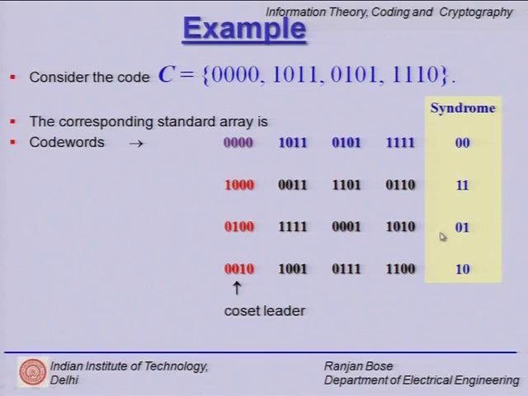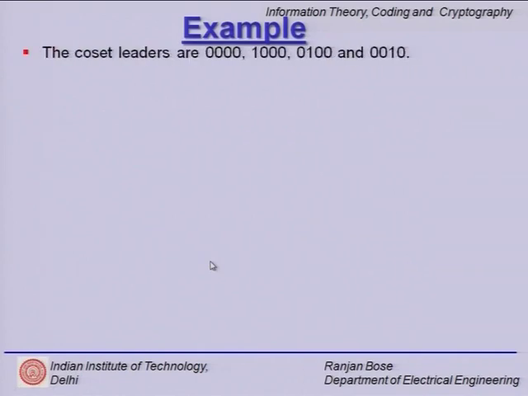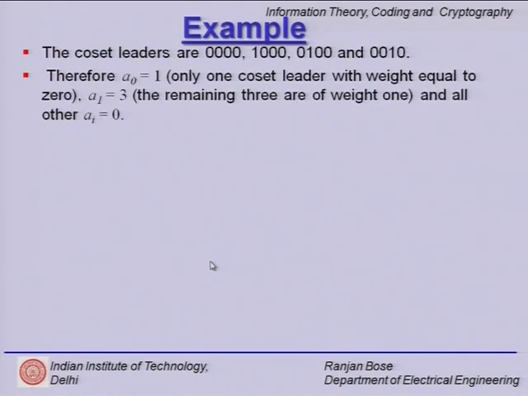Similarly, if you get any one of these, you will get 0 1, and for any one of these you will get 1 0. So, one syndrome corresponds to one of the coset leaders, and these coset leaders are the error vectors. So, you have now these coset leaders as 0 0 0 0, 1 0 0 0, 0 1 0 0 and 0 0 1 0.